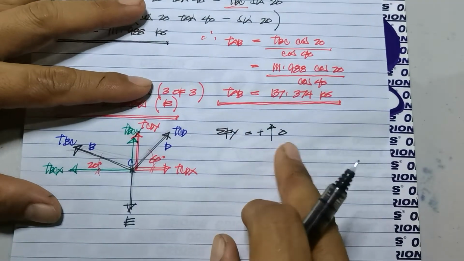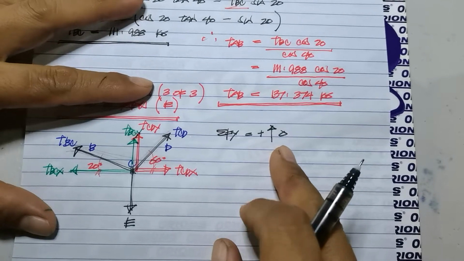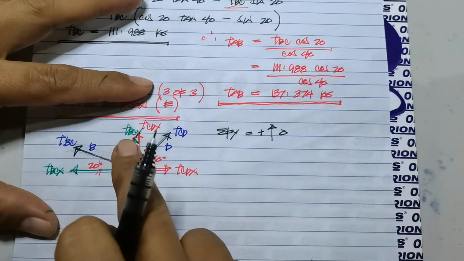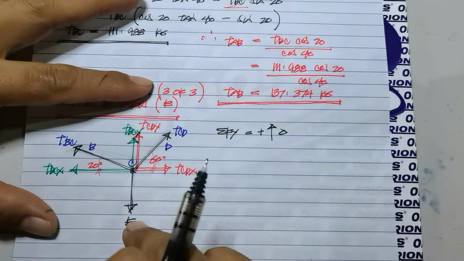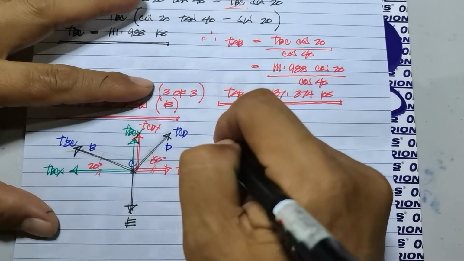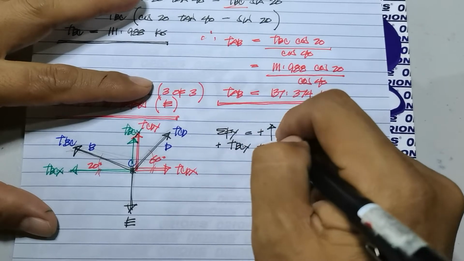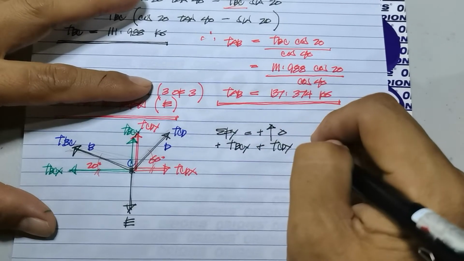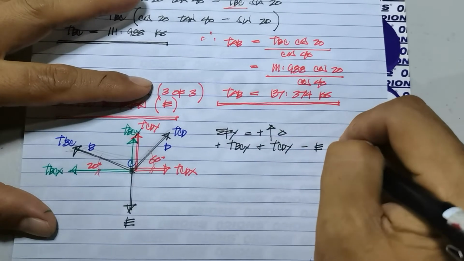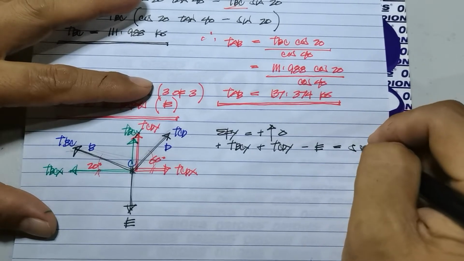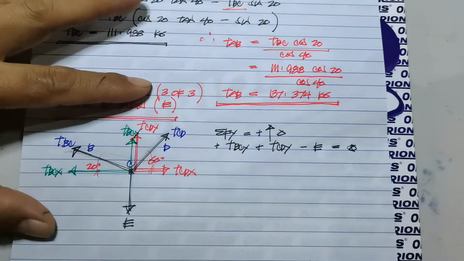Summation of forces vertical, all forces going up are considered positive. So, positive TBC of Y, positive TCD of Y, minus E, is equivalent to 0.